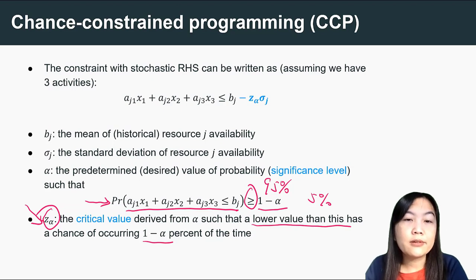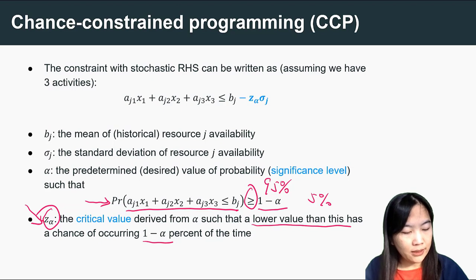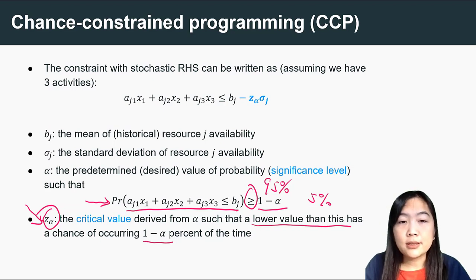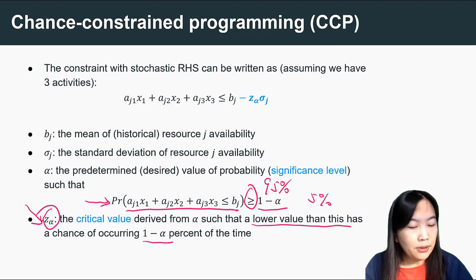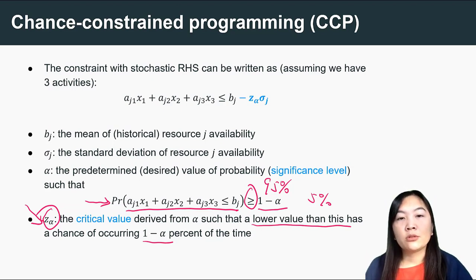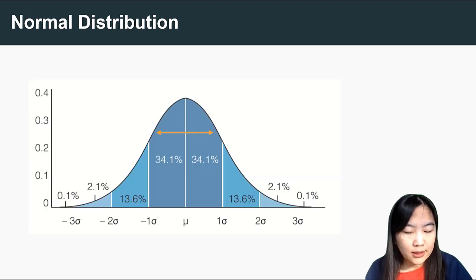And it might be a little bit abstract describing it this way. If you have already taken a statistics course, then this might be very easy for you to understand, but don't worry if you haven't, and let me explain to you what this Z alpha is here.